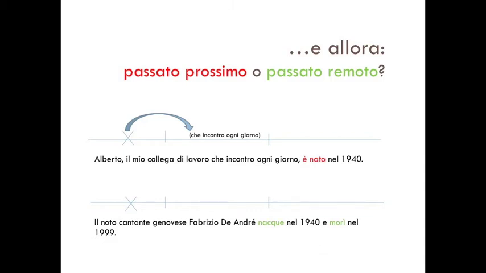But the difference is that when we use passato prossimo, we do have a link to the present, while if we want to use passato remoto, we should be sure that our action in the past is totally, completely unbounded to the present. Okay, let's see the example. Alberto, il mio collega di lavoro che incontro ogni giorno, è nato nel 1940.